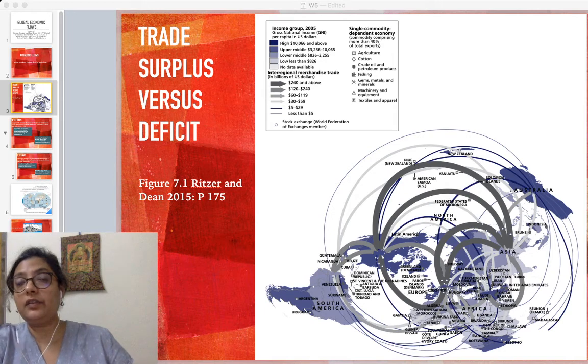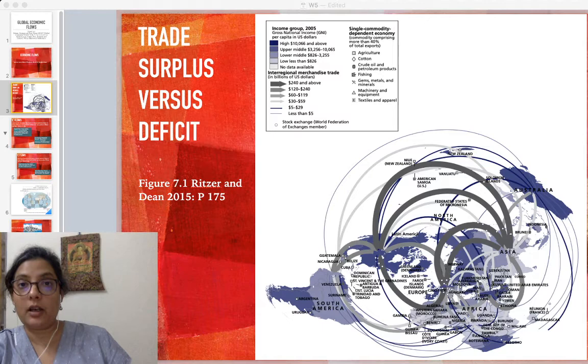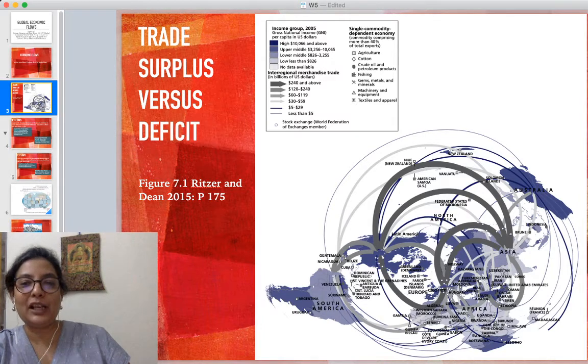It would be interesting to see which are the countries that are exporting, let's say, finished industrial goods, or maybe even knowledge based products. That would be a very interesting figure for us to consider. I think we have now spent enough time in this class to have that kind of historical outlook.